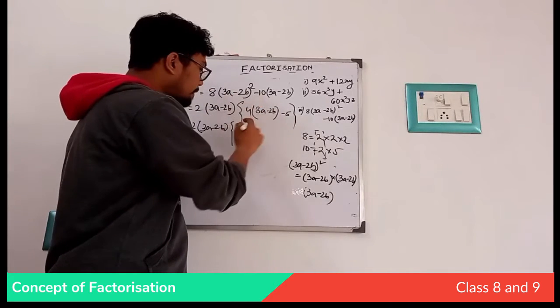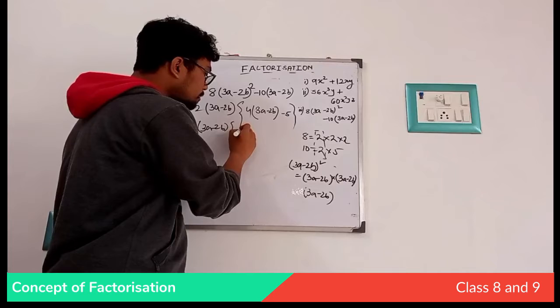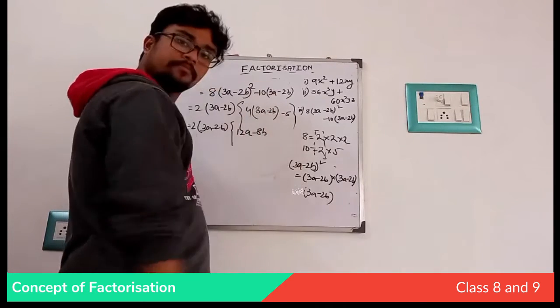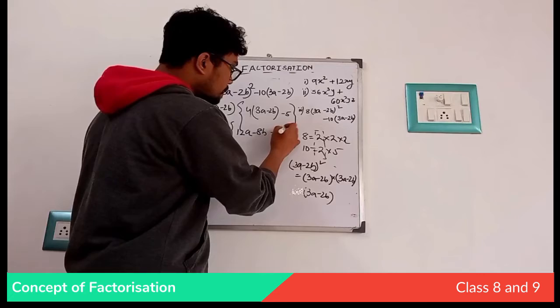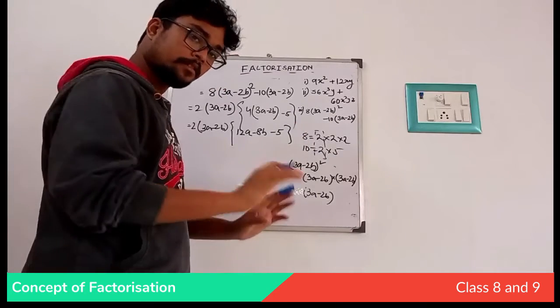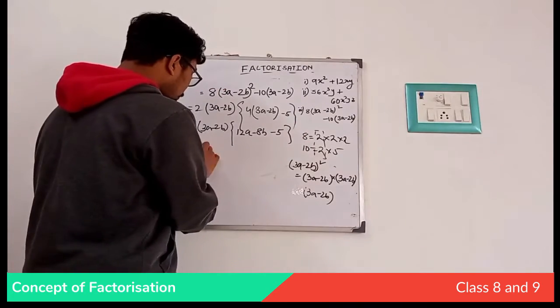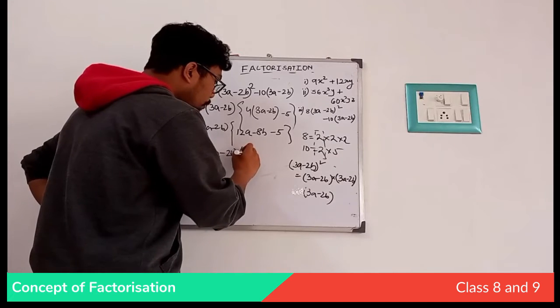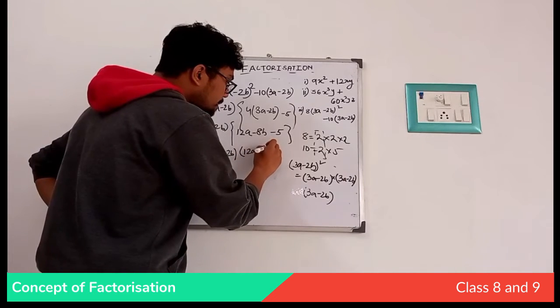So if I open the bracket, what will we get? 4 into 3, 12a, minus 4 into 2, 8b, okay, minus 5. So the final expression is (3a minus 2b) into (12a minus 8b minus 5).